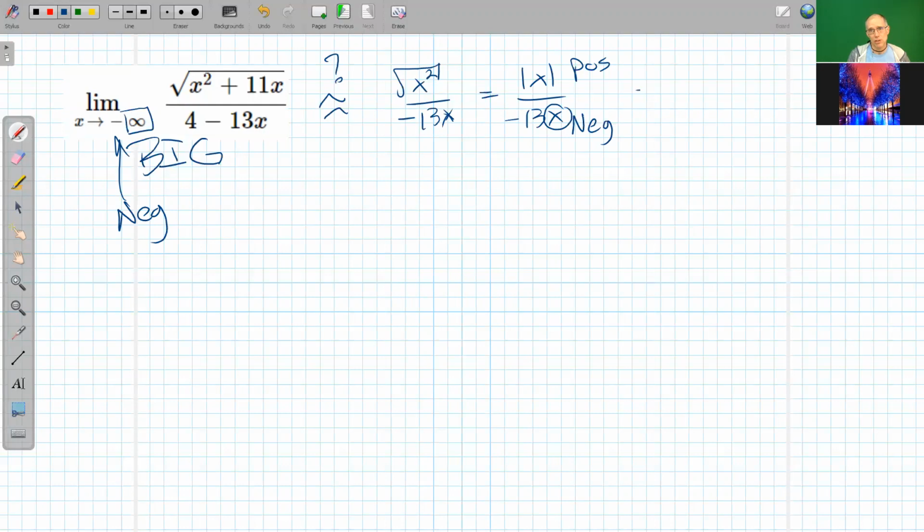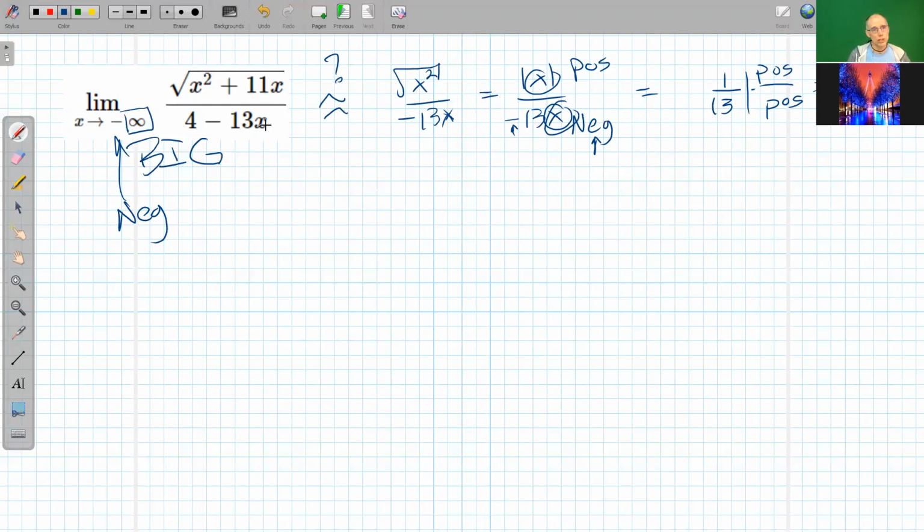Negative times a negative is positive. So I have a positive number over a positive number, and it's really x over x, which is like 1. And then I have a 13 in the denominator. Again, I have a negative times a negative in the bottom. So it looks like this is going to go to 1/13.